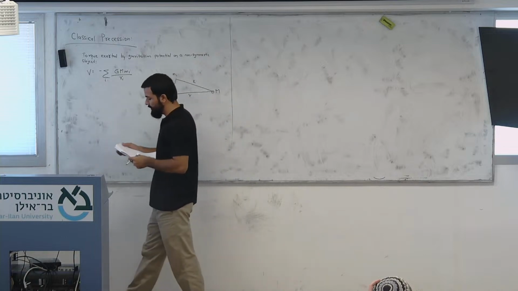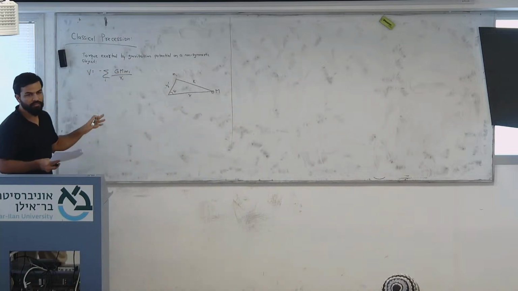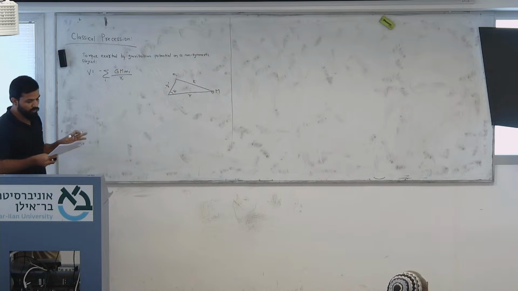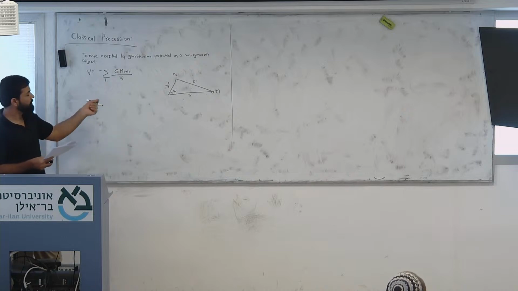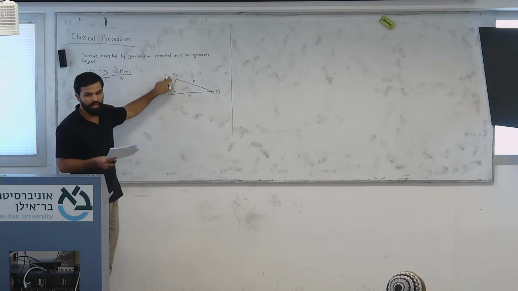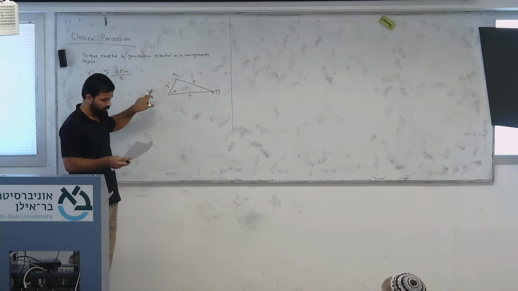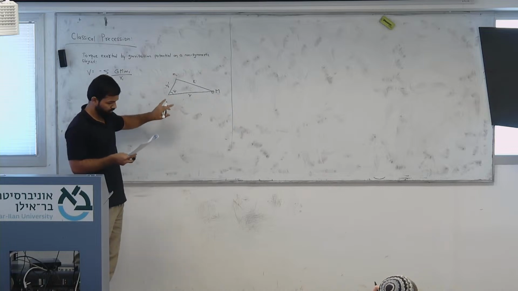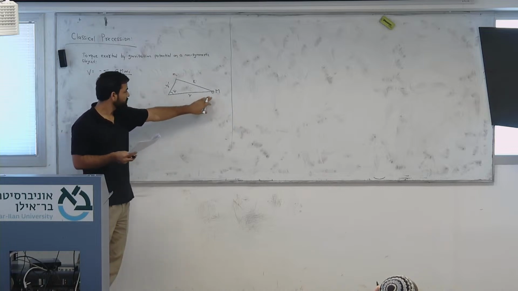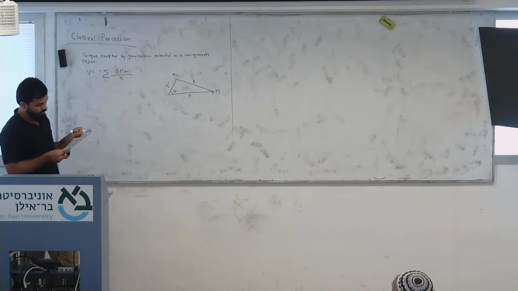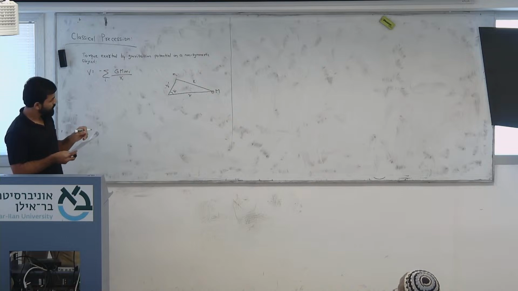So what we are considering here is a rigid body composed of point mass particles mi, and these particles are located at distance ri prime from the center of mass. Center of mass is not where M is located.